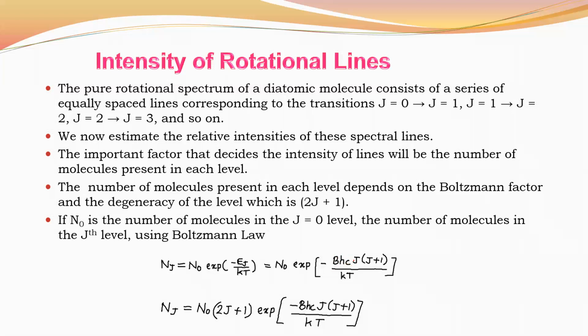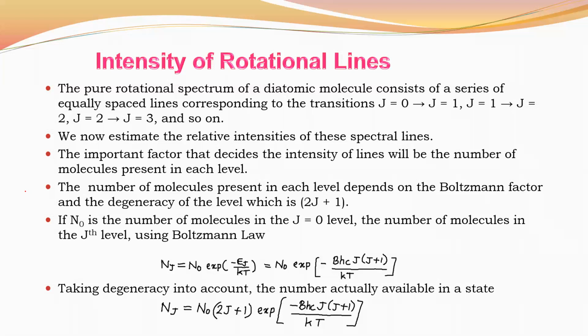Then it is Bhc into J into J plus 1 divided by kT. When we take the degeneracy into account, how can we obtain nJ? We multiply the above quantity by 2J plus 1. So nJ is equal to n0 into 2J plus 1 into exponent of minus BhcJ into J plus 1 divided by kT.